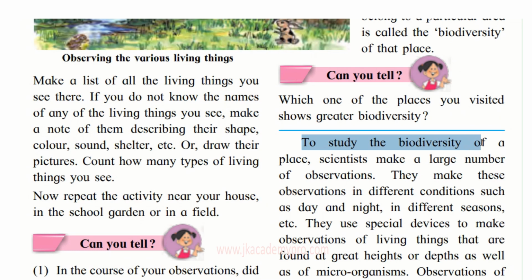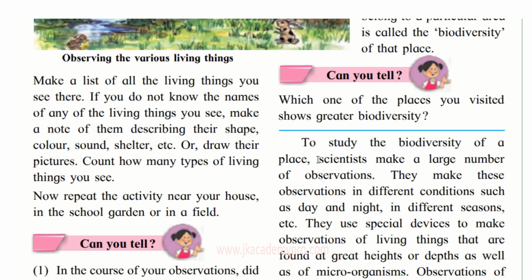To study the biodiversity of a place, scientists make a large number of observations. So scientists are also observing, just like you did in this activity. This activity was done for you to realize more about your nature. Just like you did these activities, scientists do this to study biodiversity, to understand what all living things are there in a particular area.